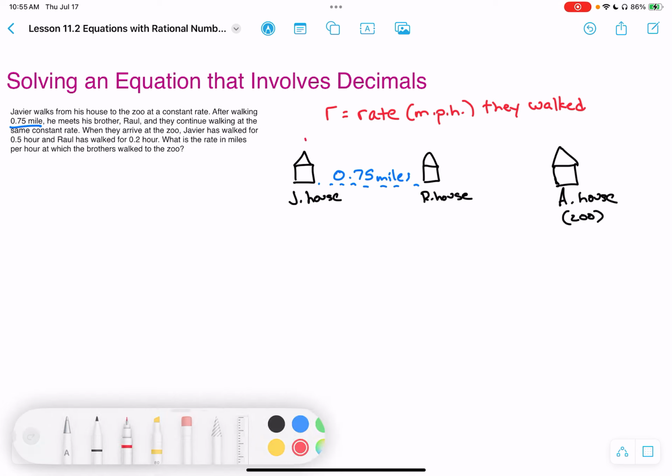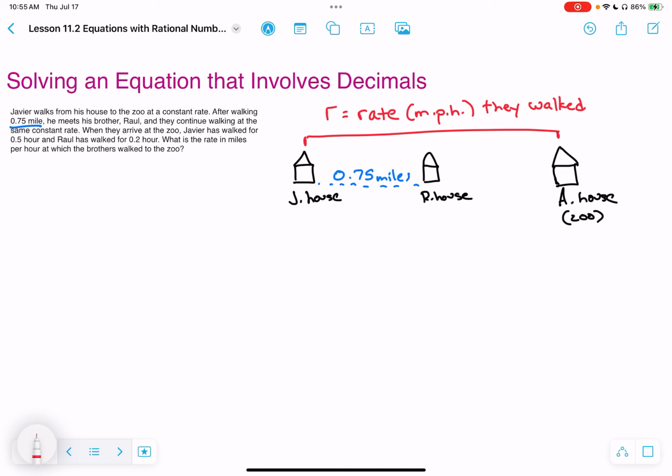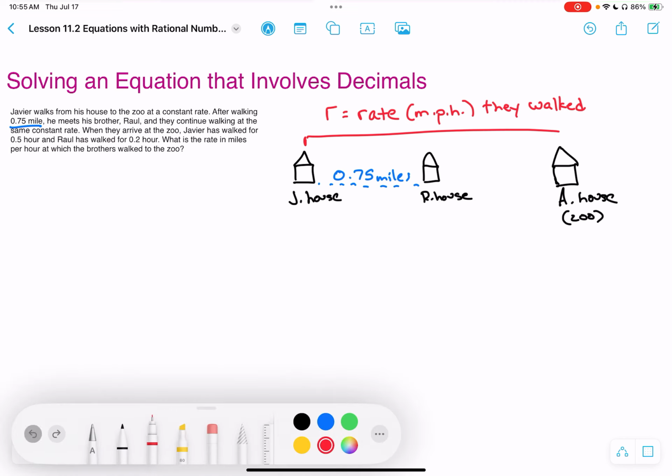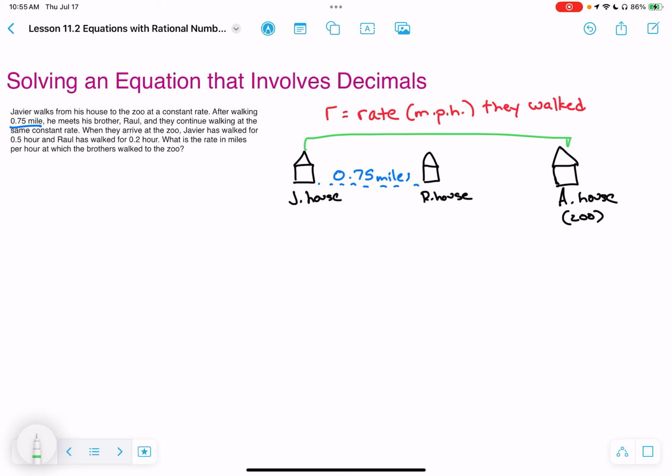So from Javier's house to the zoo, he walks for half an hour. And from wherever Raul was to the zoo is 0.2 hours.